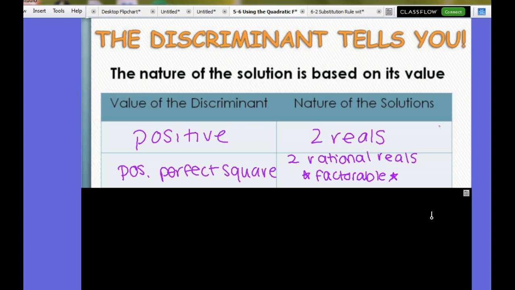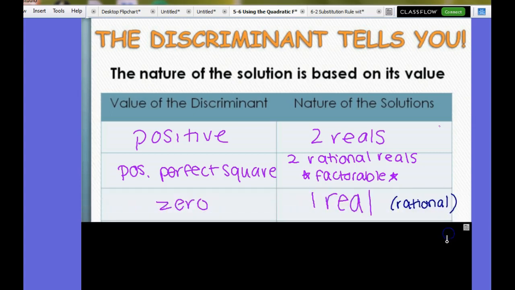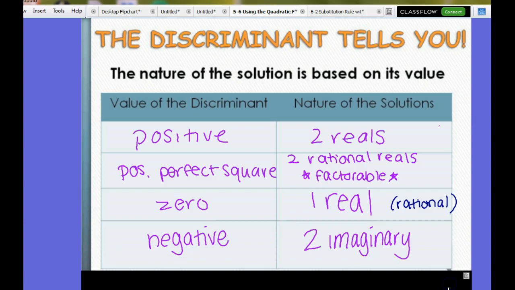So 2 rational reals means that it was factorable. If you get a 0 for the value of the discriminant, it is 1 real. That real will be rational, and that solution will be the vertex. If my discriminant is negative, then I have 2 imaginary solutions.